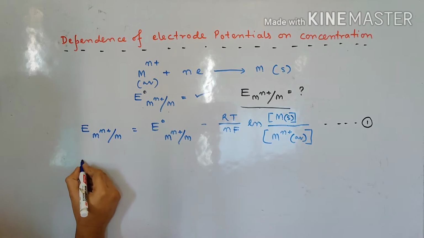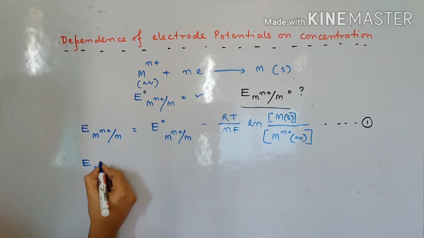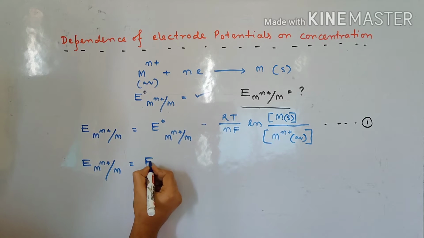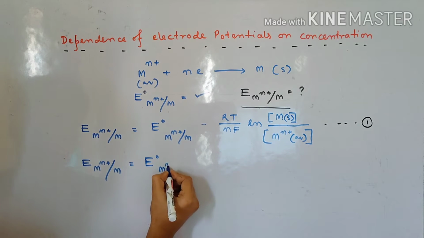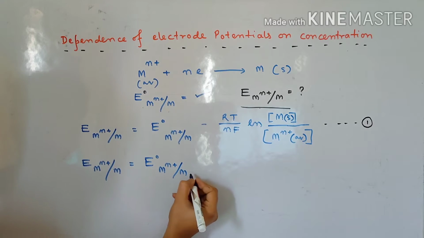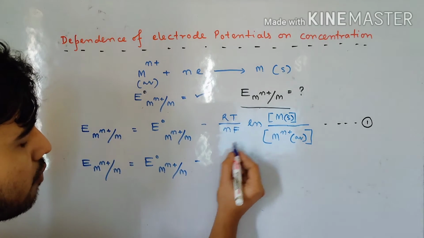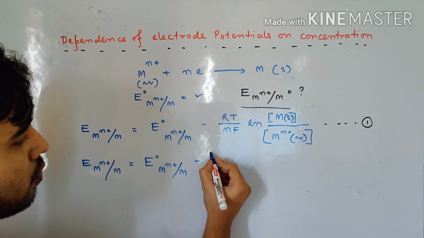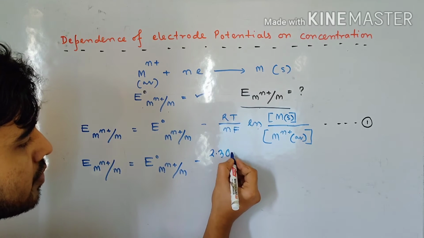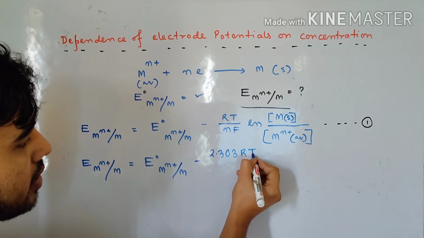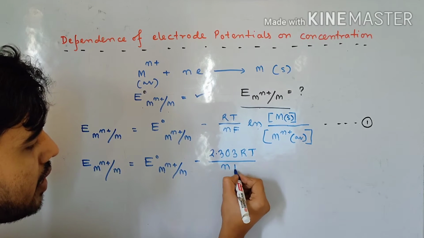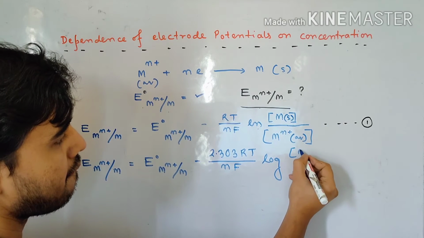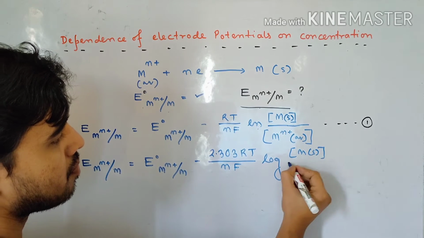So we write E of Mn plus by M is equal to E0 of Mn plus by M minus, to remove ln and insert log, we should write 2.303 RT by nF log of this by that.